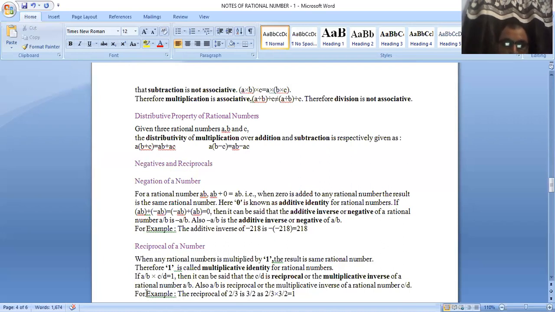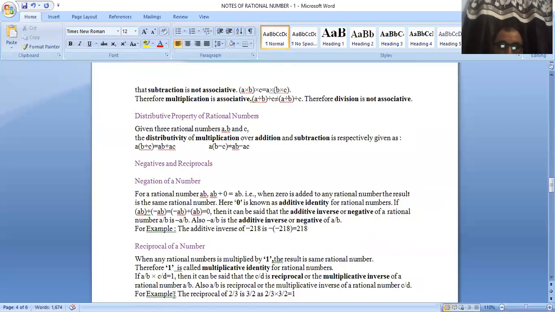So we can get the reciprocal of any rational number by inverting it, that is, by putting the denominator in place of the numerator and the numerator in place of the denominator. Like that, 2 upon 3, its reciprocal is 3 upon 2; 1 upon 5, 5 upon 1.